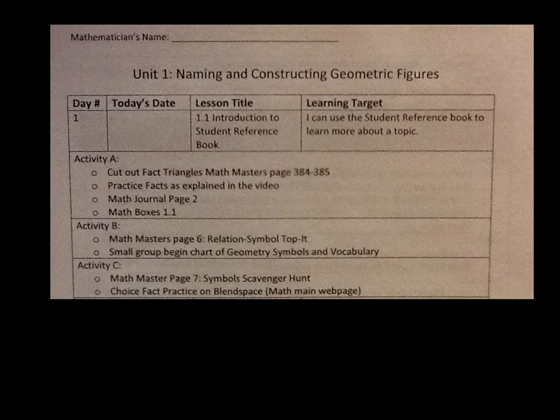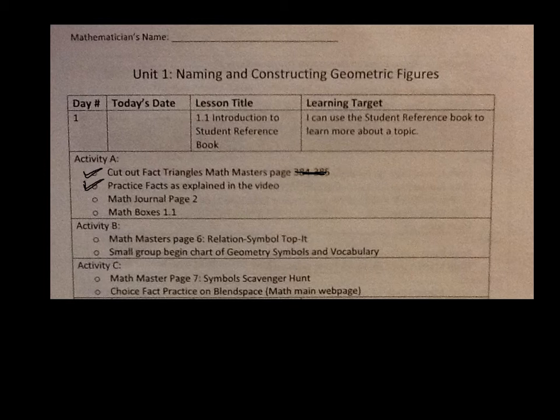So mathematicians, today you're going to be completing activity A and then either B or C on your learning journey. You will cut out the fact triangles, the math masters that are in the front of the room. When you're done, you need to check this off that you've done it. Then you need to practice the facts as explained in the video.